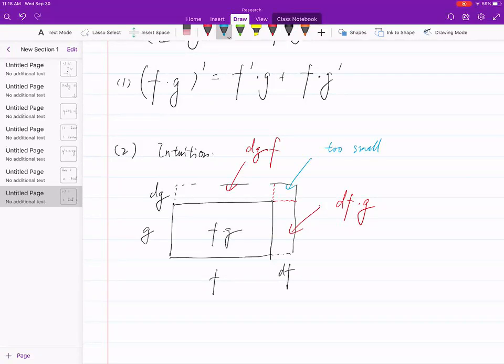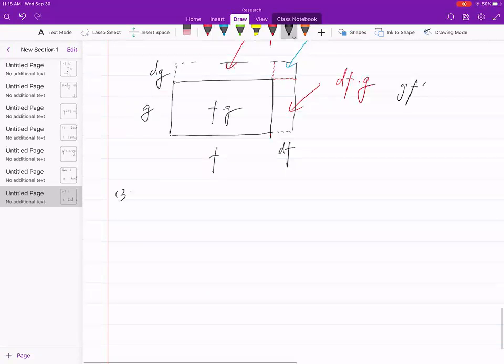Now do you observe this is basically where the f g prime comes from, and this is where the g f prime comes from. Okay, and the original size does matter from this graph. Of course, to give a proof, we need to be careful. This is just roughly, it makes sense. It's not a proof.